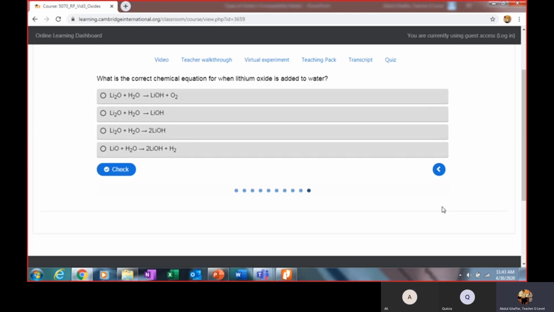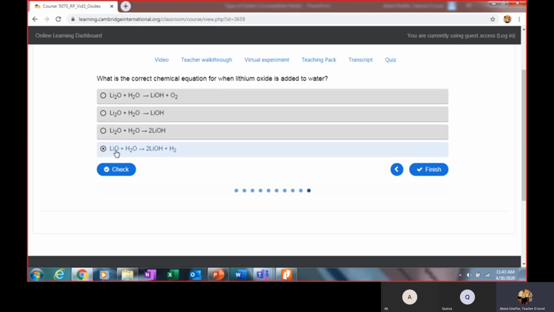What is the correct chemical equation for when lithium oxide is added to water? Lithium oxide with water. D is the correct one. But the charge on lithium is +1 and oxygen is -2.